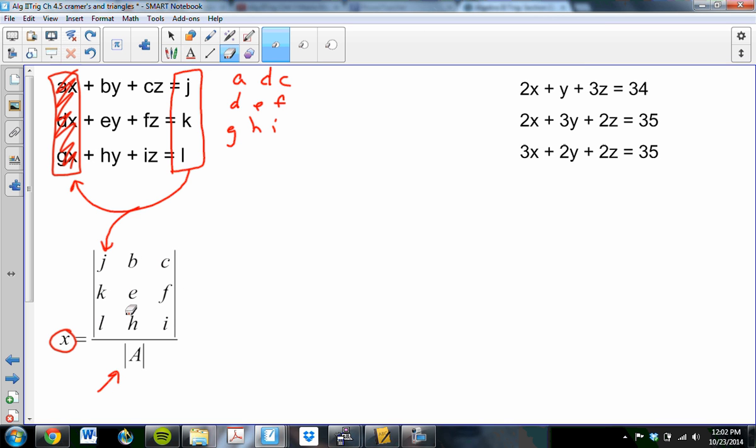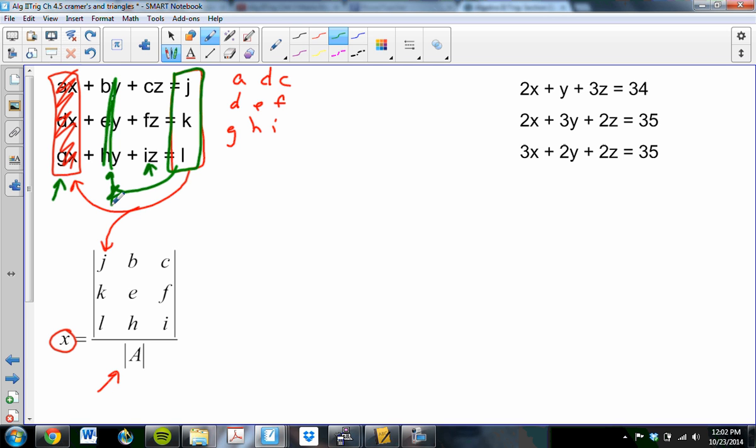So if I wanted to find the y solution, I would take this same column here, and I would replace the y column with it. This one would stay the same, this one would stay the same, this one changes. So let me show how to do that over here with my numerical example. I'll find y just to show how this works. My bottom determinant is going to be 2, 1, 3, 2, 3, 2, 3, 2, 2.